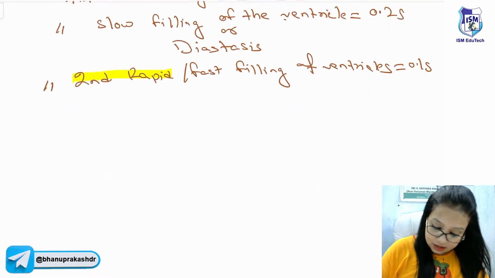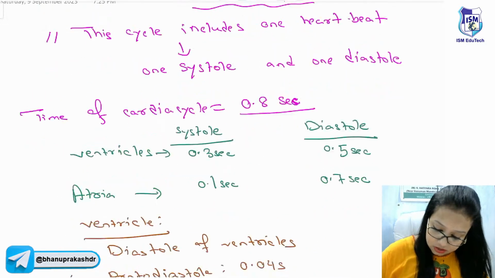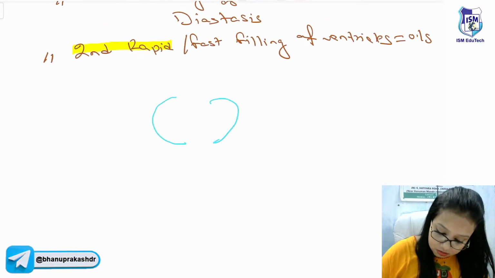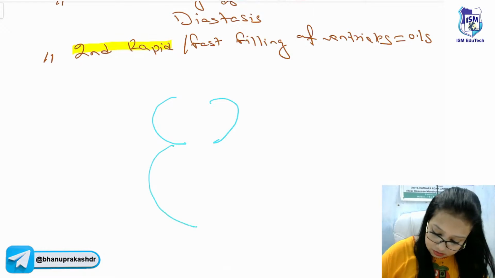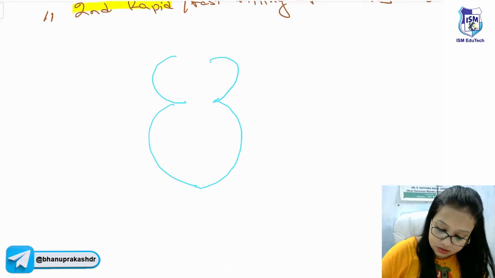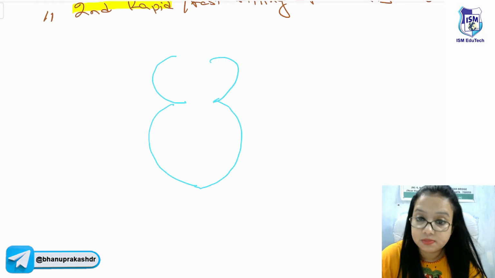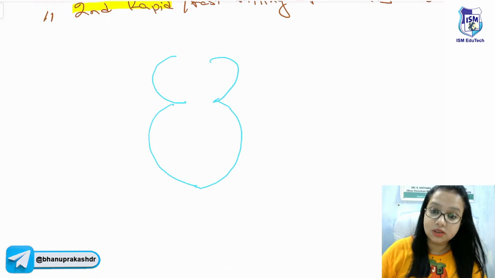Now, think of the ventricles. If in a very simplified way we draw them, this is the ventricle, this is the ventricle, and these are the atria. From where does the ventricle receive blood?